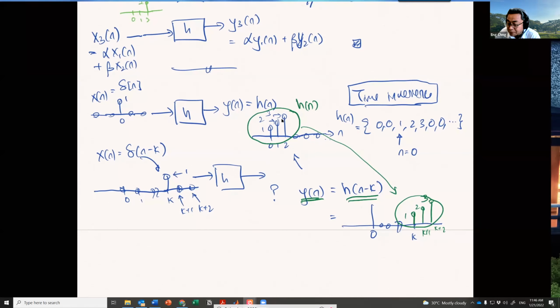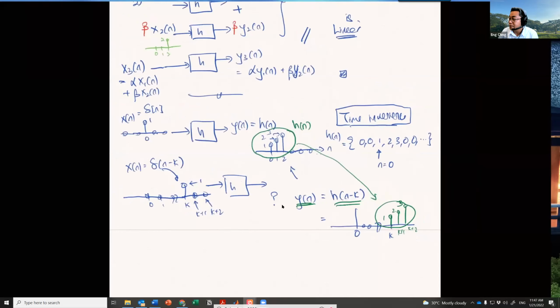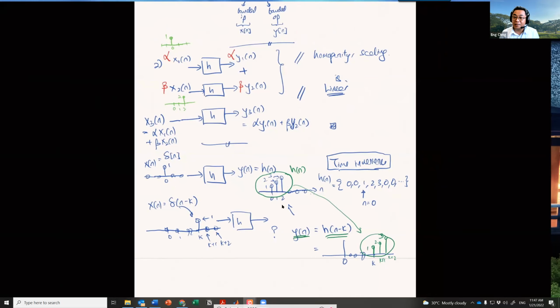This is just an example to tell you that my h is these 3 lines. Okay, that's all. All right, so now we understand linearity and time invariance. When a system is linear and time invariant, something very useful will come out. Let us see what's so useful about this.